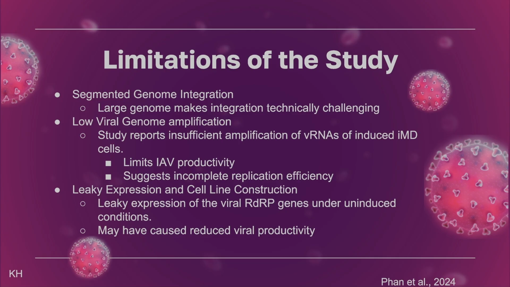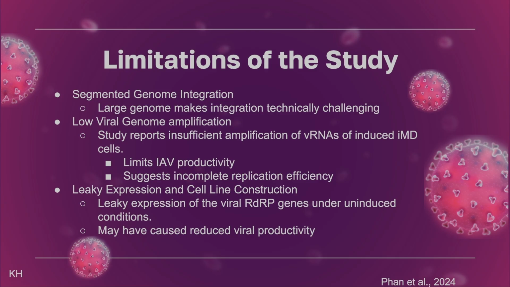Obviously, that's a challenging thing to troubleshoot through. We can also look into the future studies here in a little bit, but increasing the viral yield, so potentially adjusting the cellular engineering.